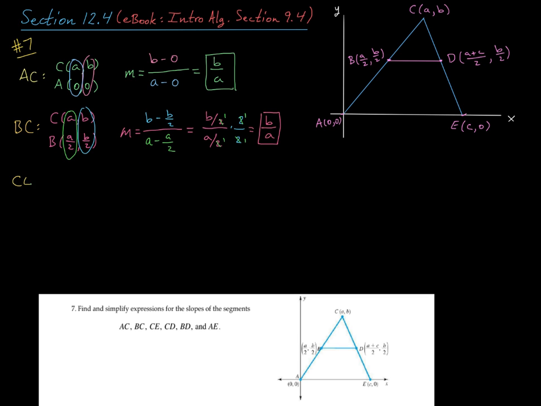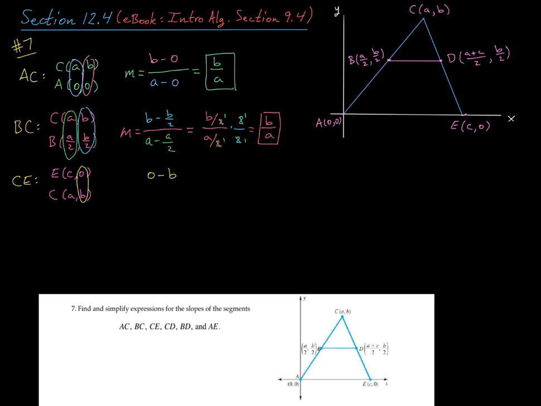How about CE next? From C to E, if I think about ending at E, it has coordinates (c, 0), and C has coordinates (a, b). If I take the difference in the y coordinates, that would be 0 minus b.